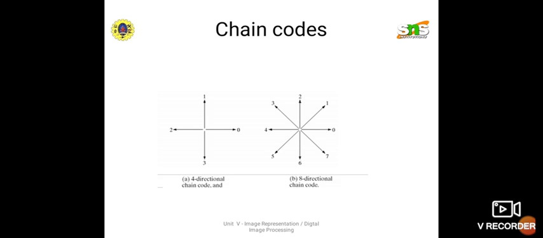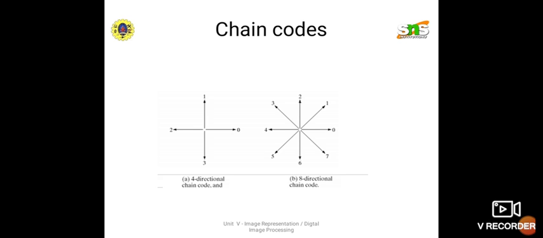Next is the 8 directional chain code. Here there are 8 values, from 0 to 7. From the center, if you move horizontally right, the value is 0, and if you move diagonally top towards right, the value is 1. Moving vertically from center to the top, the value is 2.